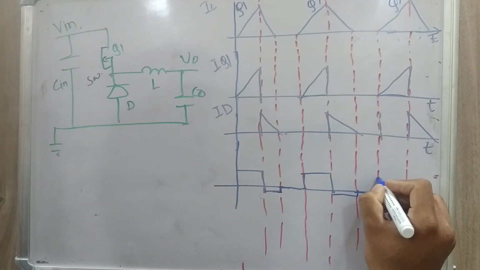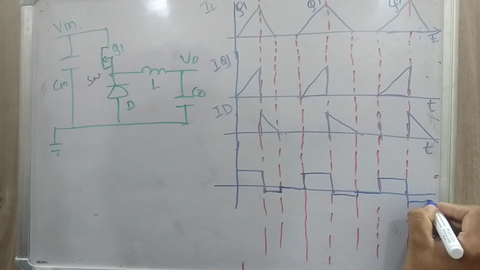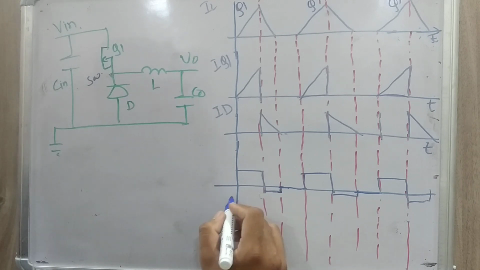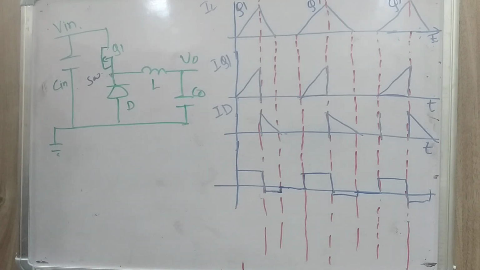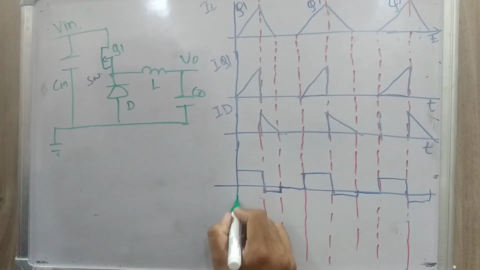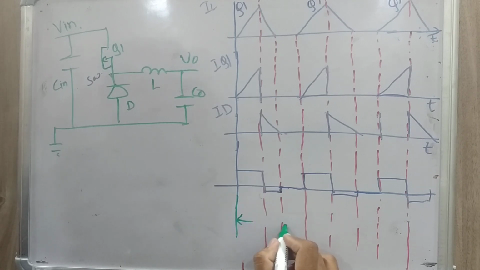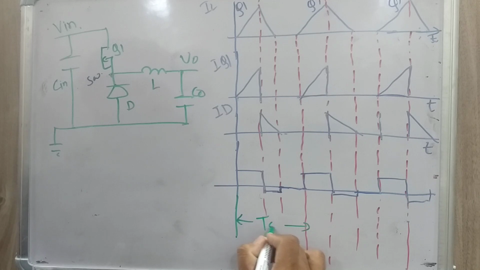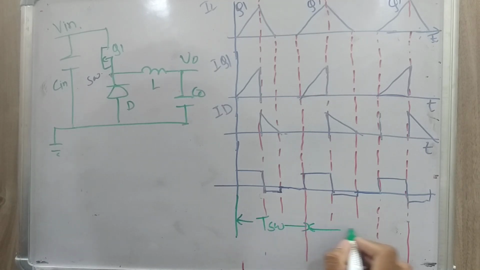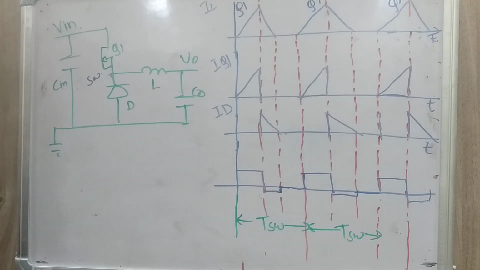So it repeats. This is one PWM cycle, which is the TSW. After each TSW, which is the switching period, the cycle repeats.